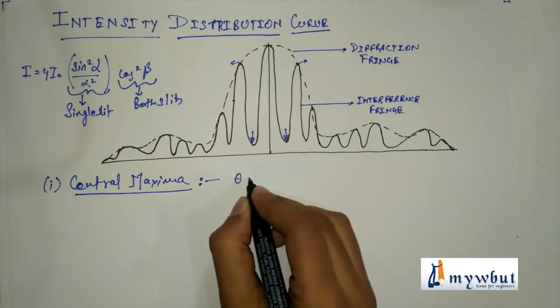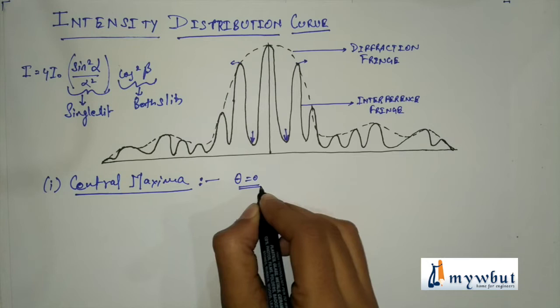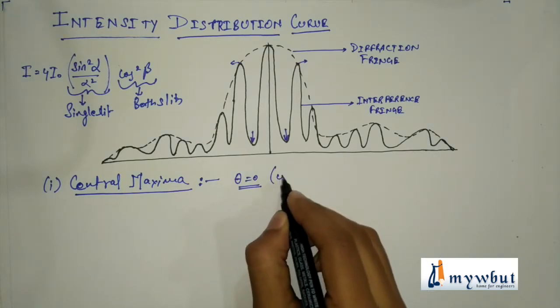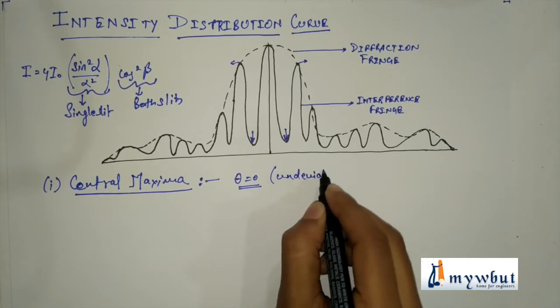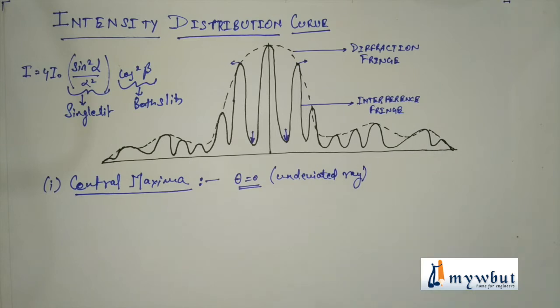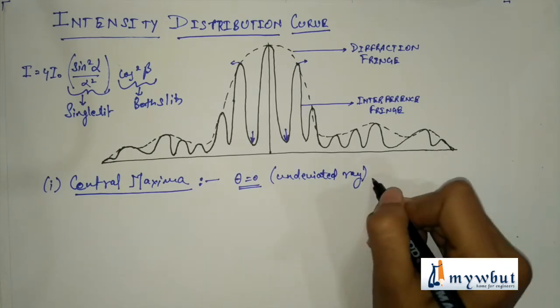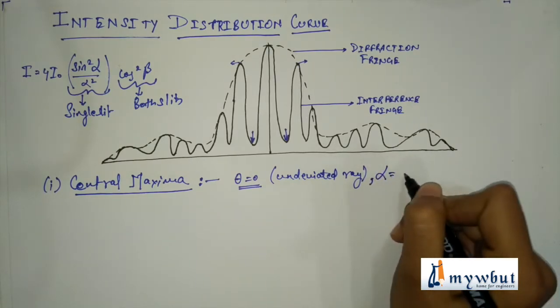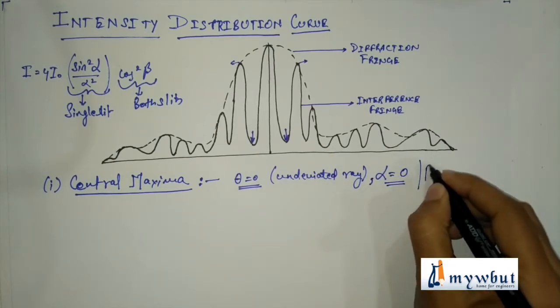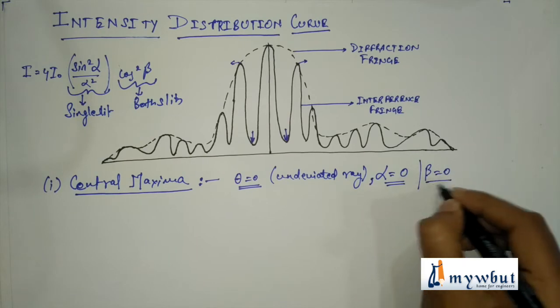Therefore, here theta will be equal to 0, as I have done before for the single slit diffraction. This is for the undeviated ray. Here alpha is equal to 0 and beta is equal to 0.